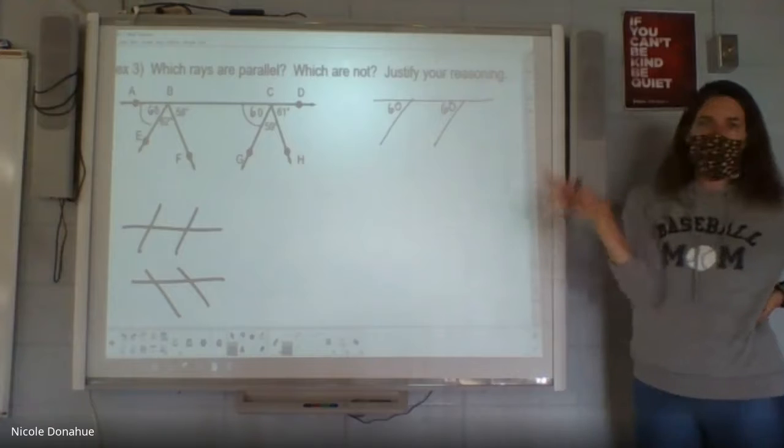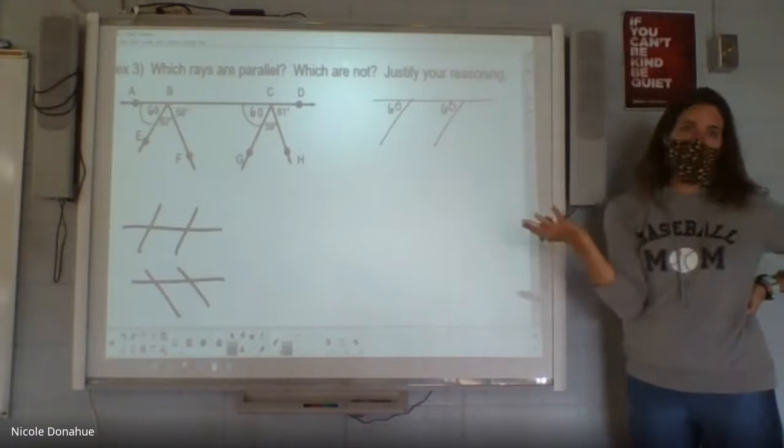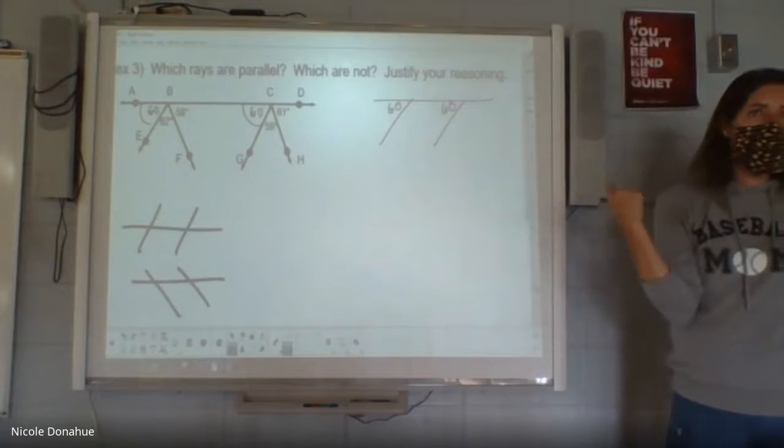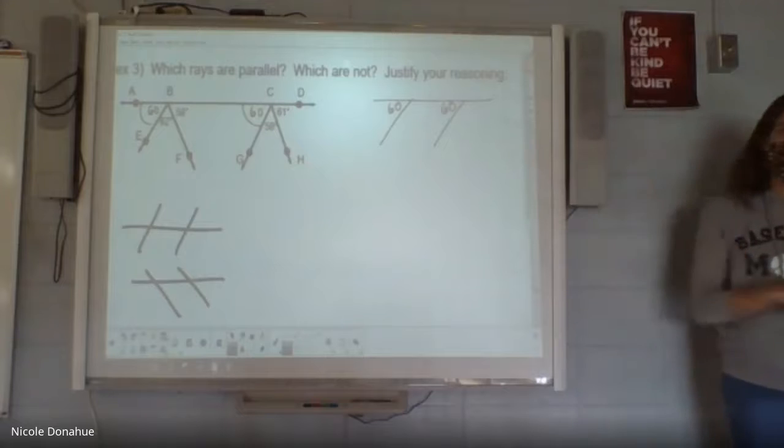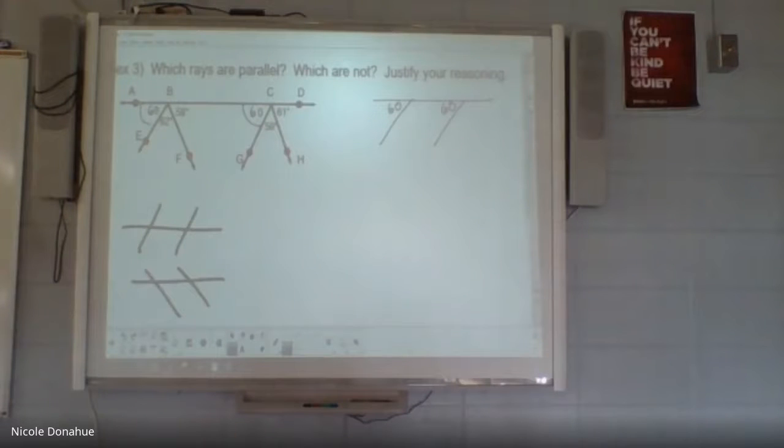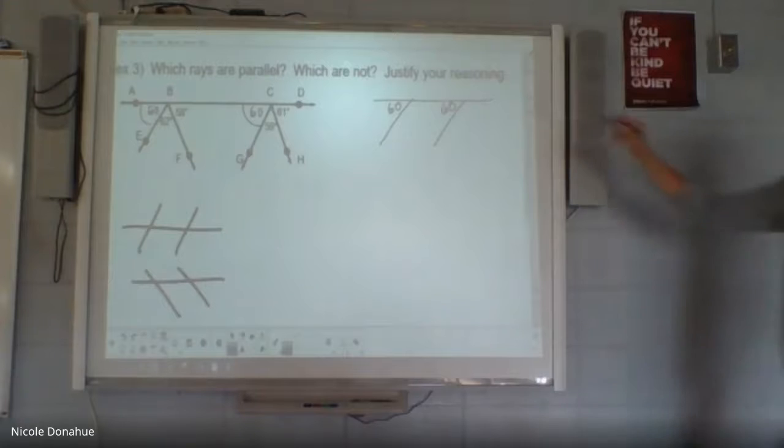If you take those other lines out of that, that pretty clearly shows us we have what kind of angles? What do we call those? What kind of angles would the 60 and 60 be? Corresponding. Those would be corresponding angles.